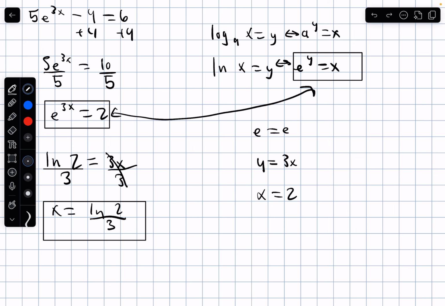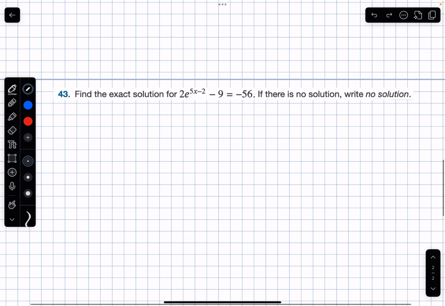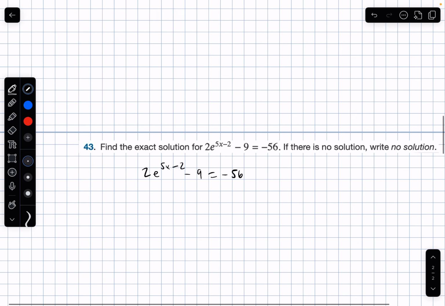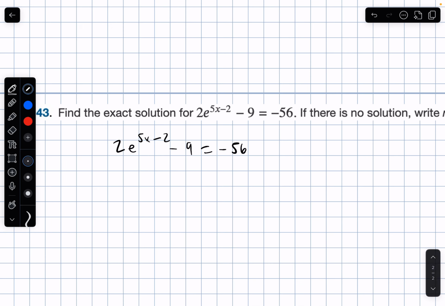Okay, so now we're going to move on to question number 43. We're going to find the exact solution for 2e to the 5x minus 2, minus 9 equals negative 56. Already here, I'm kind of noticing something that could be off.